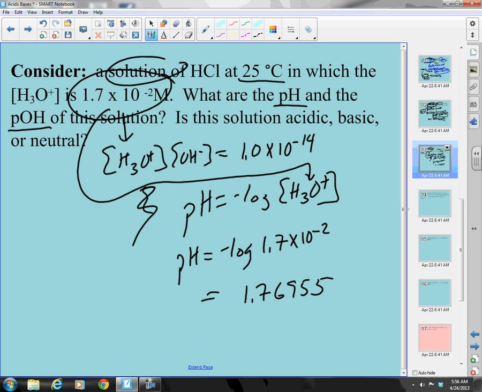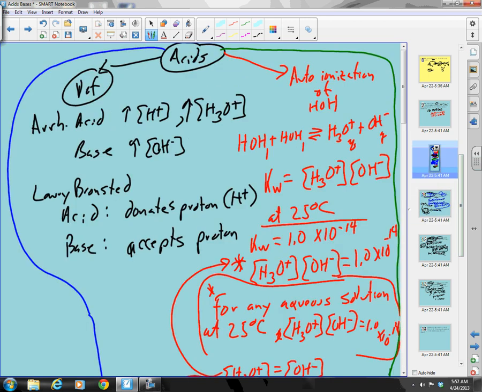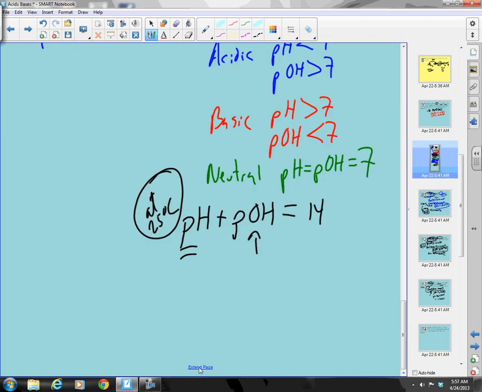How do I figure out sig figs? Let us talk about sig figs here. Let's go to our notes and talk about sig figs for pH calculation. Okay, here's the rule.